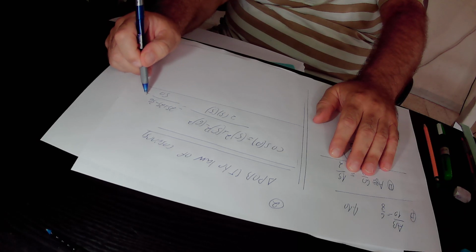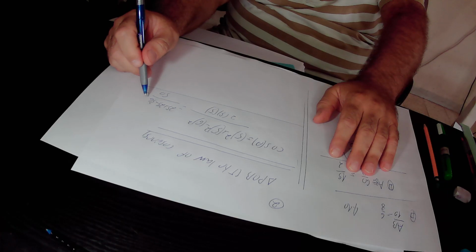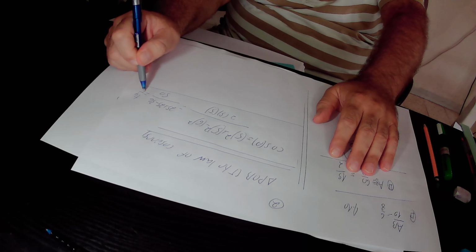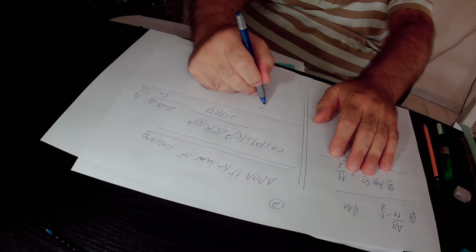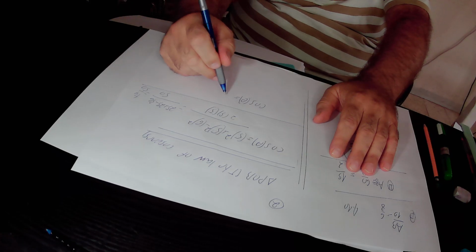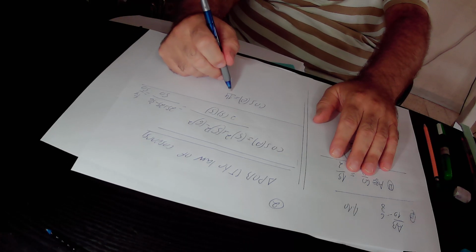Here we have 25 plus 25 is 50, and 50 minus 36 is 14 over 50. So in total, we found out that cosine theta equals 14 over 50.